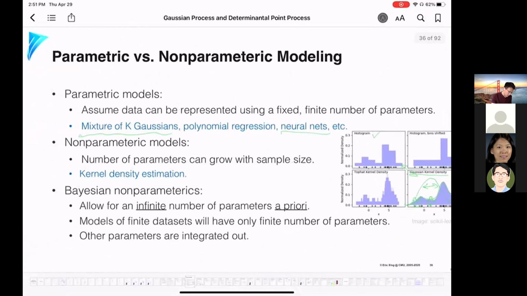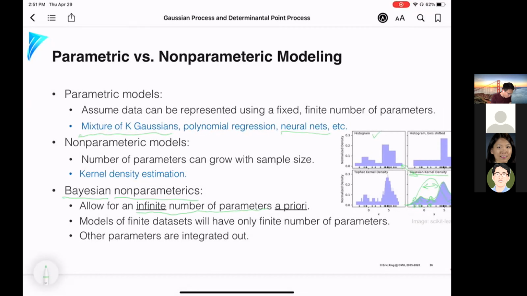The third thing is to combine what we just talked about, the Bayesian approach and the non-parametric approach. This is what the Gaussian process is. It's a Bayesian non-parametric model. It allows infinitely many parameters in the prior. So we're going to see that we will have a Gaussian process prior, and based on this prior, we will model a data set.